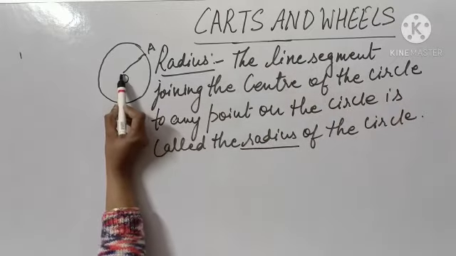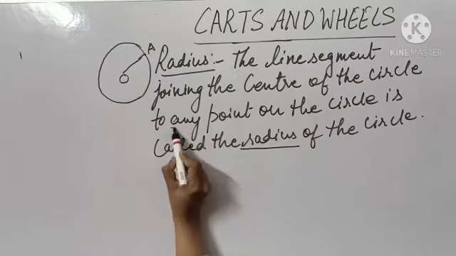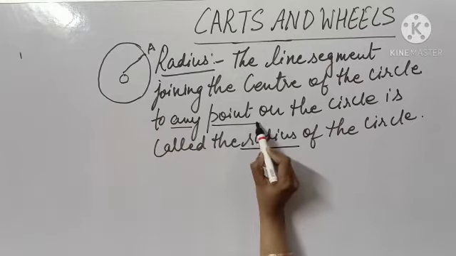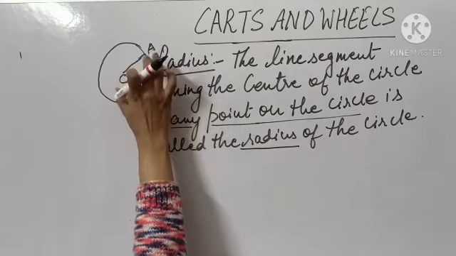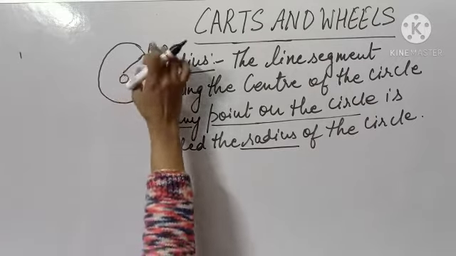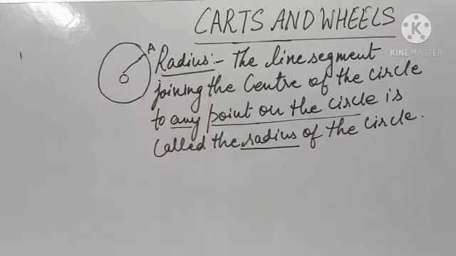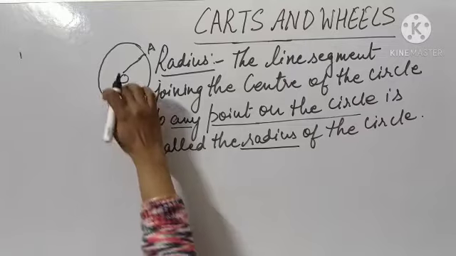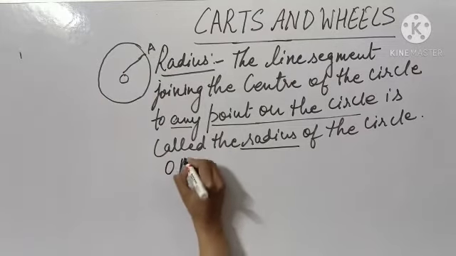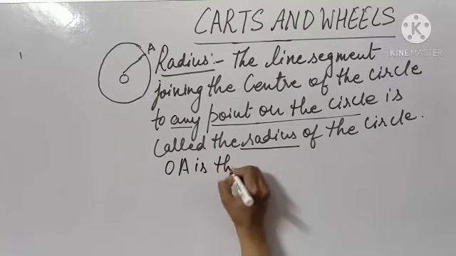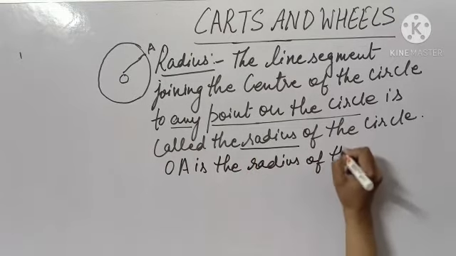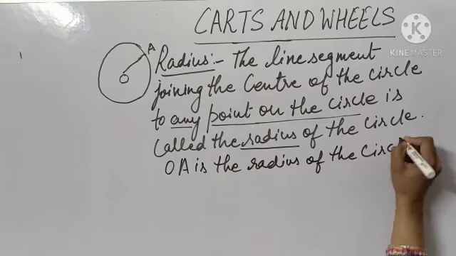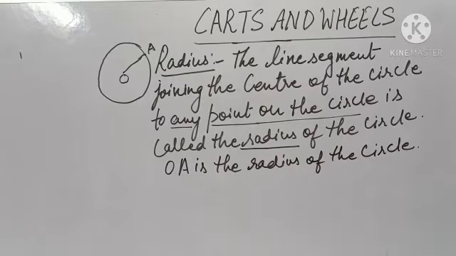The line segment joining the center of the circle to any point on the circle. I have marked here one point A and I have joined both these points, that is O and A, and finally I got the line segment, namely OA. Name of the line segment will be OA. So here OA is the radius of the circle. You understood?